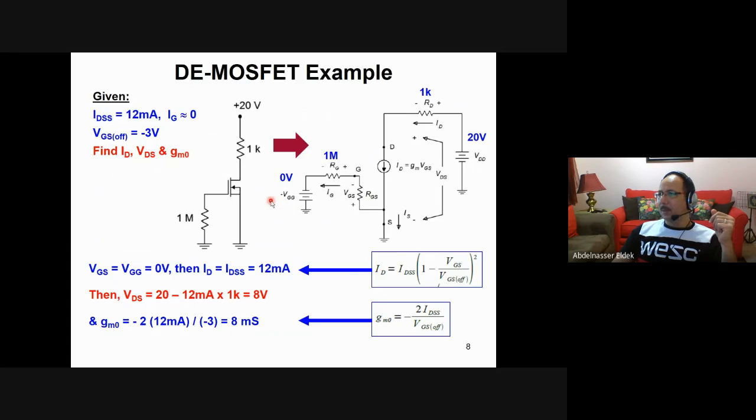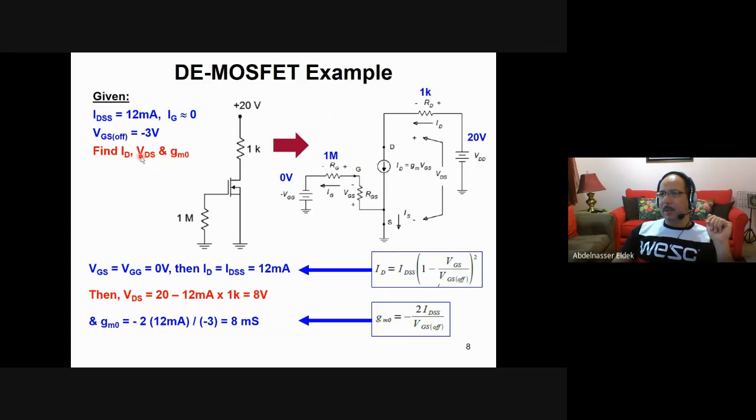This is equal to VGG, and VGG here is 0. So VGS also equals 0, because you don't have current here. IG equals 0, so the voltage between this one and this one is the same as the source, and the source is 0. So actually, you do not have this part here. Then ID equals IDSS, that's it, which is 12 mA.